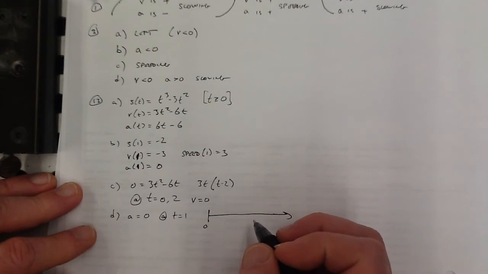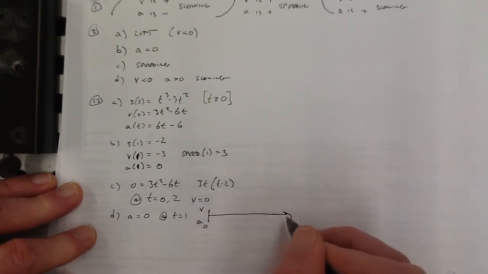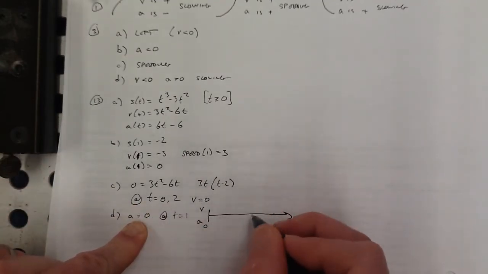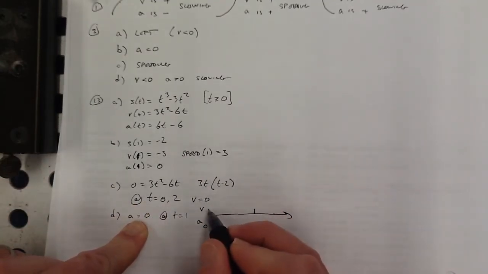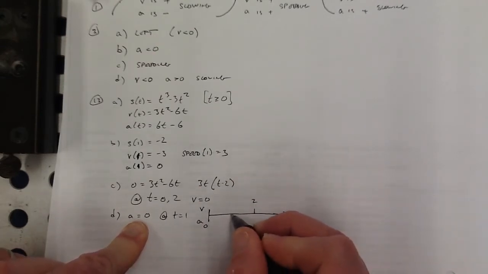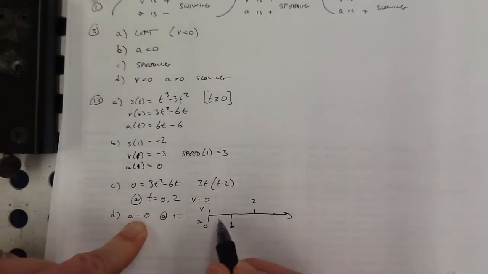And then I'm going to put all the zeros for velocity on top and acceleration on the bottom of this line. So velocity is equal to 0 at 0 and 2, and acceleration is equal to 0 at 1. And then I'm just going to check the signs of these.